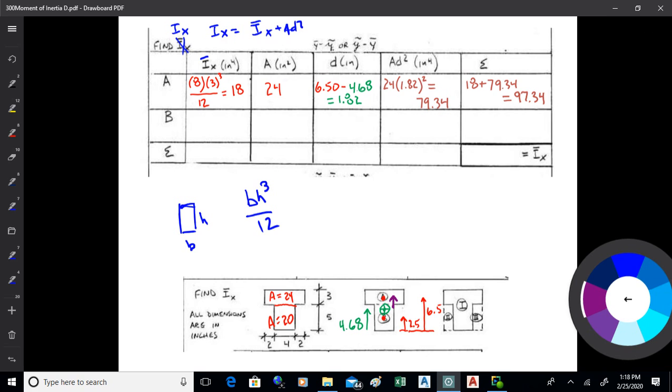So I take the area, 24, times the offset distance, quantity squared, that's 79.34. So that's the transfer axis term, the AD squared. I add that to the BH cubed over 12, and that will get me the total moment of inertia of A about the neutral axis. That's what that gets me. So that's how I would do that.